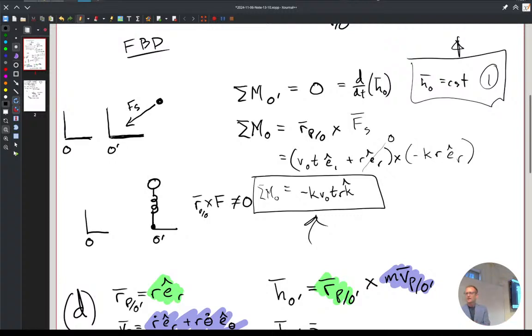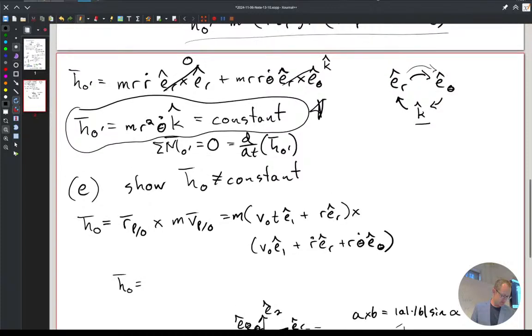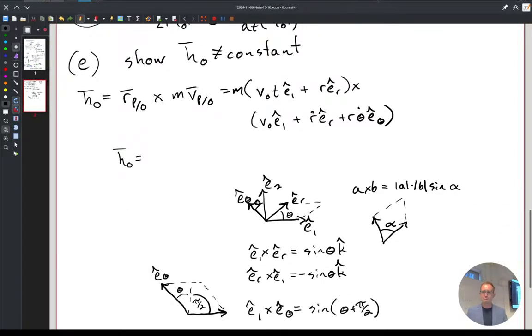Do you want? Yeah, go ahead. So we started doing it by doing the angular momentum, but then ended up just doing the other moments. How would we put that into an answer?